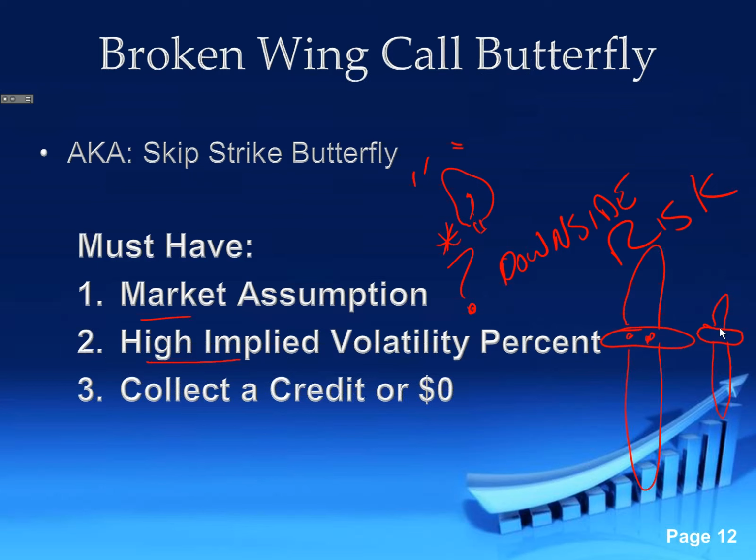I'm looking at this as if it was the option montage here, with lower strikes down this way and higher strikes this way. In higher implied volatility, we're able to get further away when defining our risk, and therefore that gives us a higher probability of success. We've got a lot more room to be wrong than if we did it in low implied volatility.